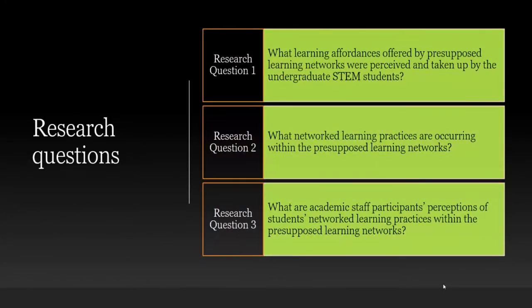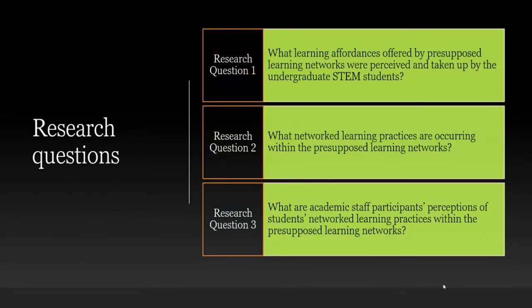So my three research questions were: what learning affordances offered by presupposed learning networks were perceived and taken up by the undergraduate STEM students? On this occasion, I was working with STEM environment, so my research students were coming from STEM disciplines. The second research question was what network learning practices are occurring within the presupposed learning networks?